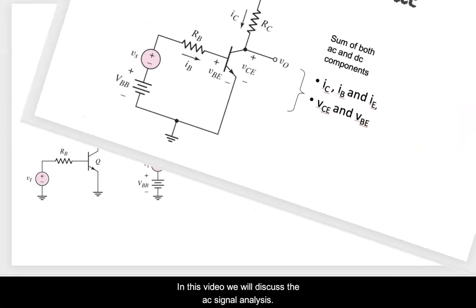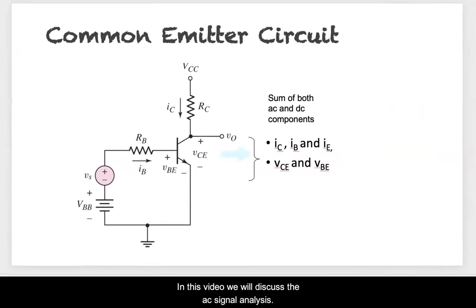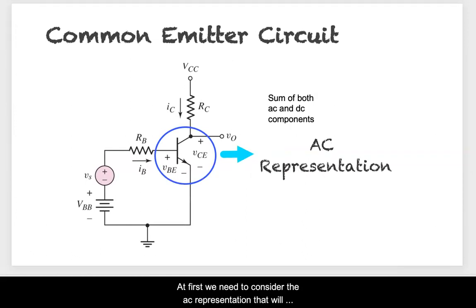In this video, we will discuss the AC signal analysis. At first, we need to consider the AC representation that will intuitively describe the basic operation of the BJT towards AC signal. Here we need to develop the AC signal equivalent circuit that will be used in the analysis.